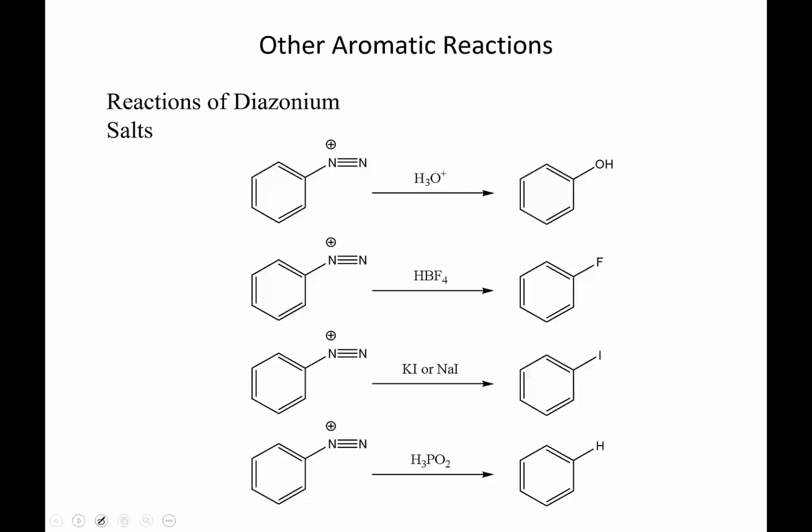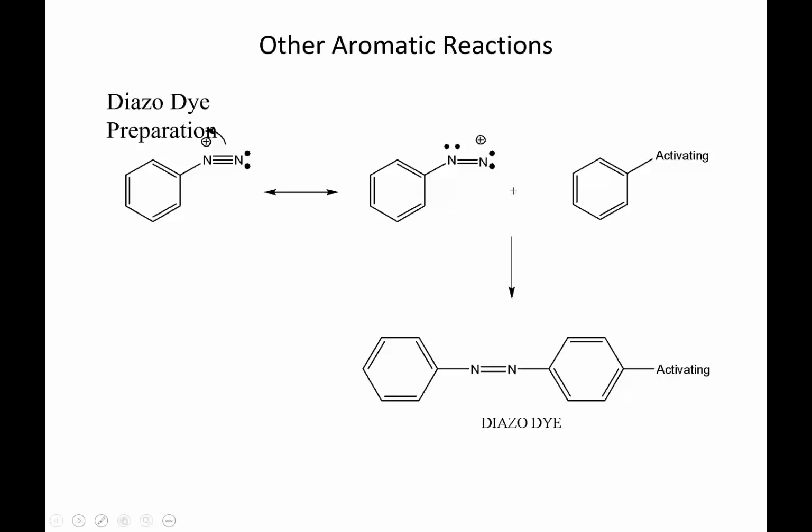Okay. And then we ended with the idea of these diazo dyes. When I take the diazonium salt, there is a resonance structure where the plus charge is on the end. That's going to make a large E plus that will only add to an activated ring.